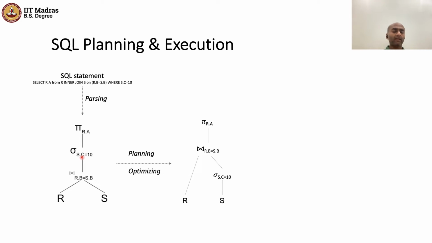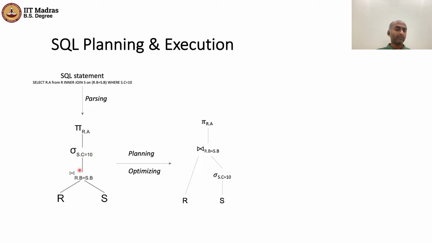But I am doing this in my first instance of the relational tree after the join operation is performed, which means I take all of the rows and all of the columns of R, all of the rows and all of the columns of S, merge it all together with a commonality constraint on the column B for each of those two tables, and then I'm applying the filter saying that I'm interested only in those records of S for which the value of column C is 10, which seems wasteful, right?